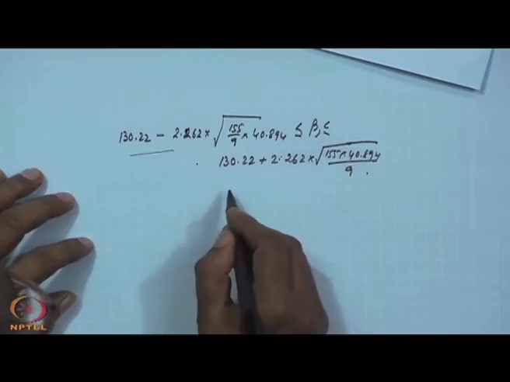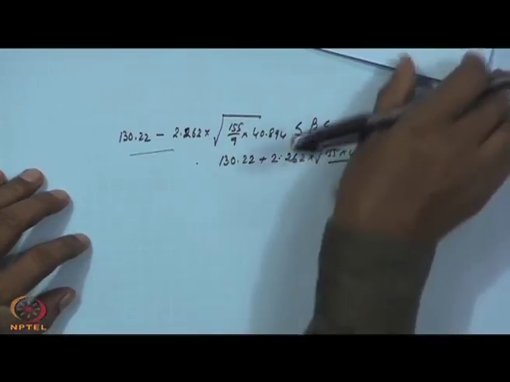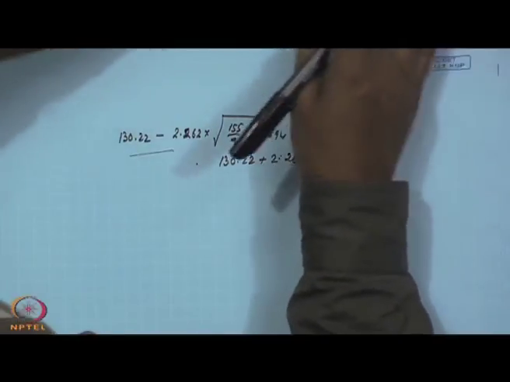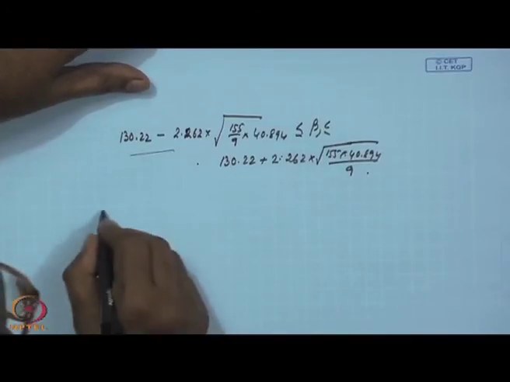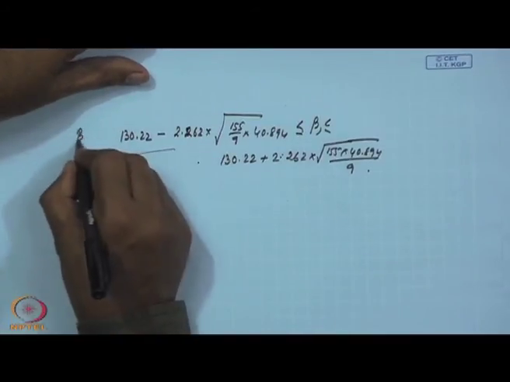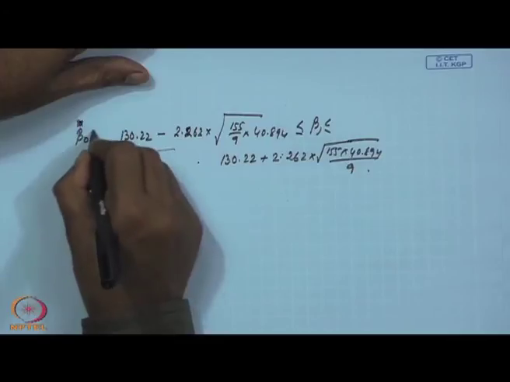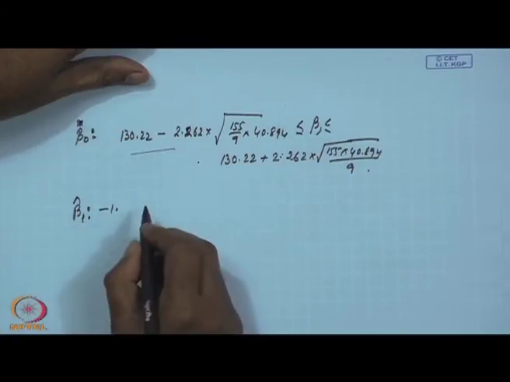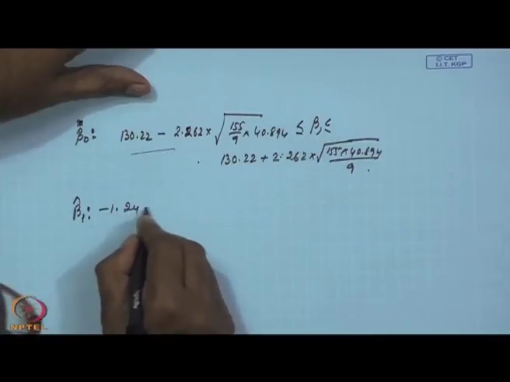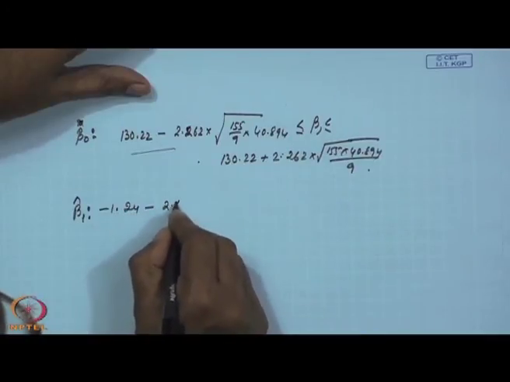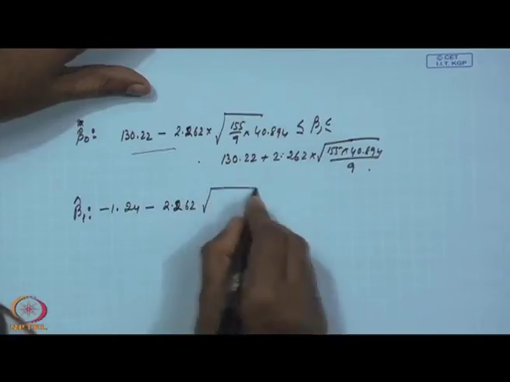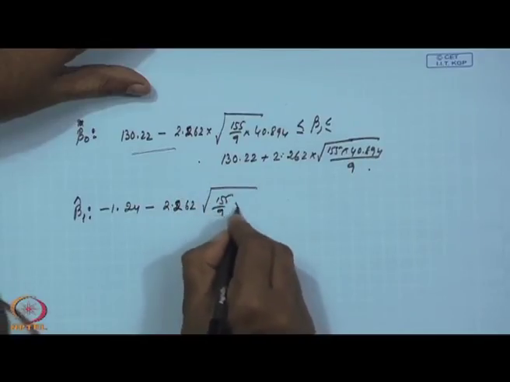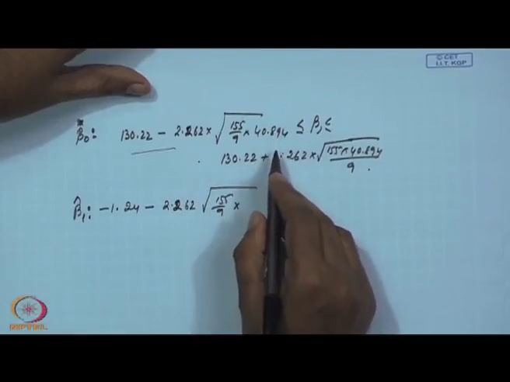Similarly, if you want to use it for the second coefficient beta 1, this was for beta 0 cap, and this is for the beta 1 confidence interval: minus 1.24 minus 2.262 square root of 155 by 9 into C11.